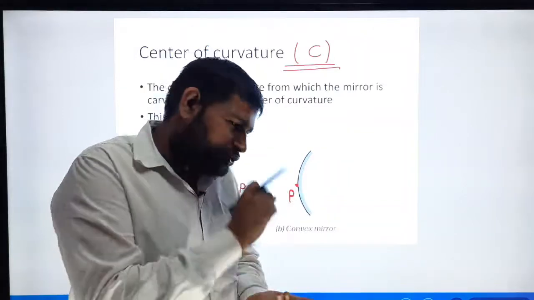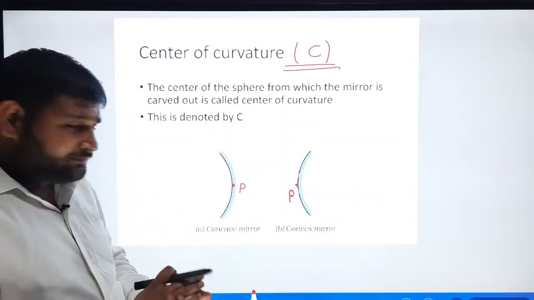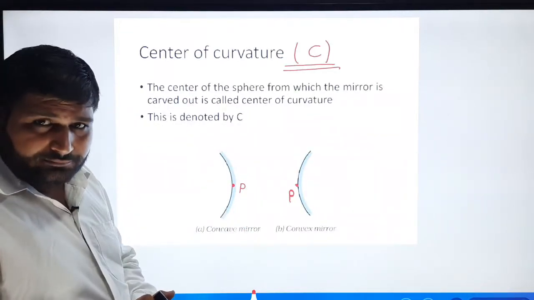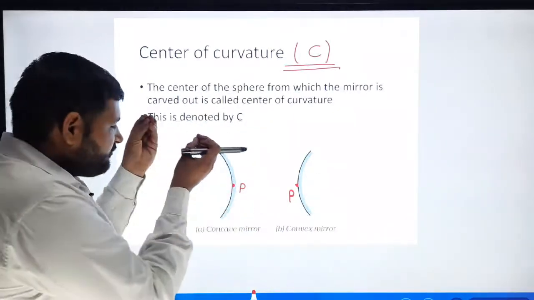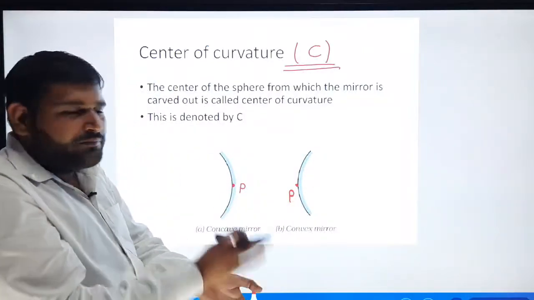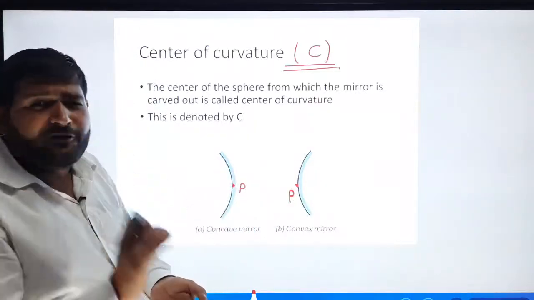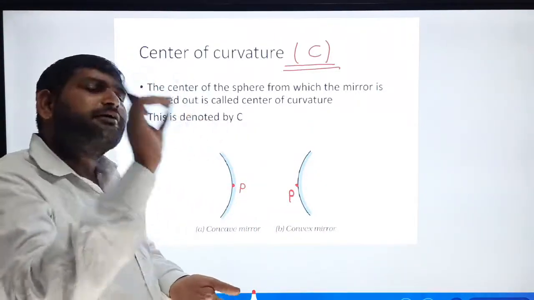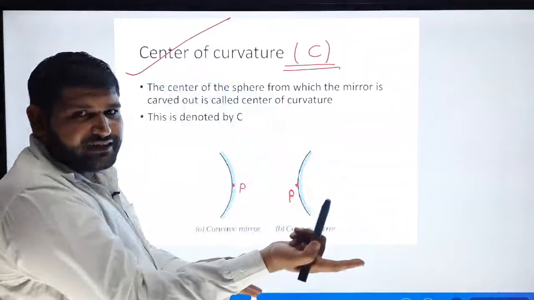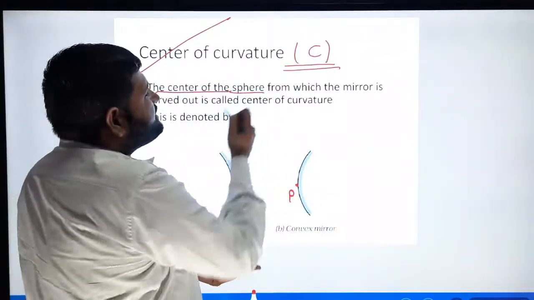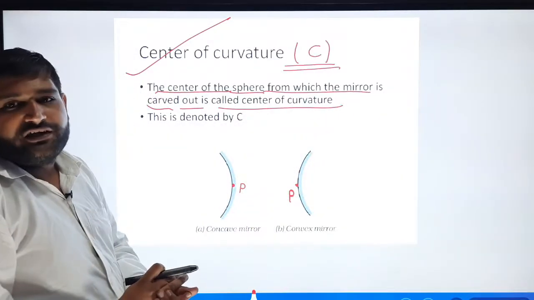So this concave or convex mirror was at one time a part of a hollow sphere. That part was cut out from the sphere, and we formed the concave and convex mirror. But let's not forget that once upon a time these two types of mirrors were a part of a hollow sphere, and the center of that hollow sphere is called the center of curvature. So the definition of center of curvature is: the center of the sphere from which the mirror is carved out is called the center of curvature.